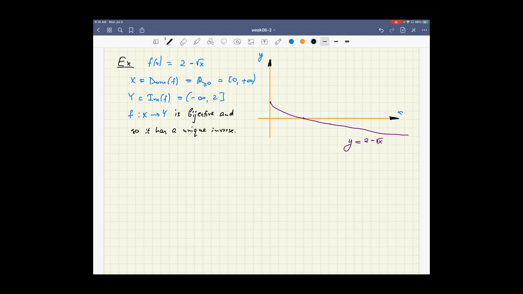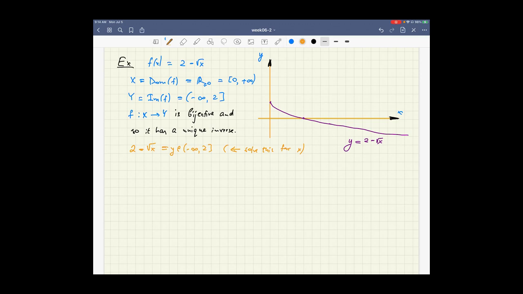To find it, all we need to do is equate the expression of our function 2 minus root x to y, and now solve this for x. Well, as we know, y has to be in the image, so y cannot be greater than 2.